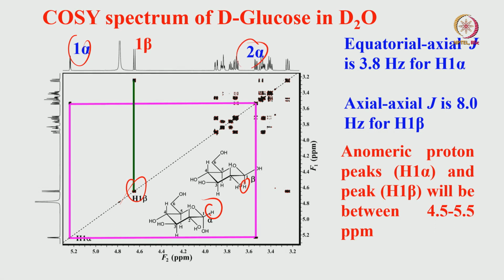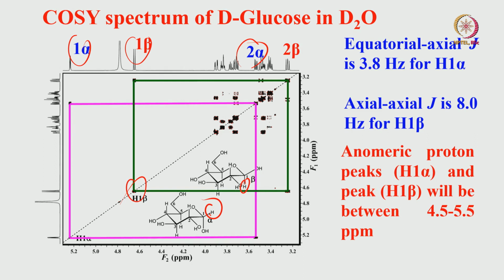Similarly, for the beta anomeric proton, I complete this square. Then I know this is 1 of beta, this is 2 of beta. So we can make the assignment of anomeric protons 1 and 2 of alpha, and similarly 1 and 2 of beta. I use the knowledge of the anomeric proton chemical shift and the coupling separation.